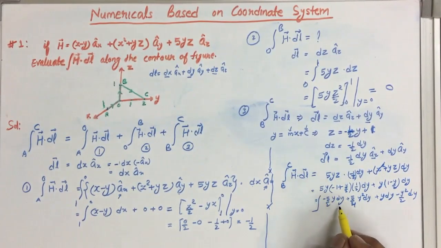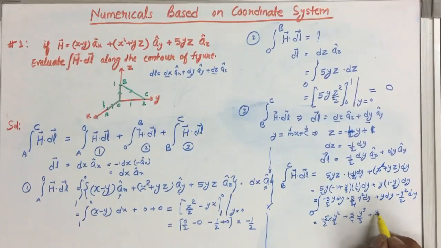Now there is change in y only, so y will change from 0 to 2. Do it: minus 5 by 2 y square by 2 plus 5 by 4 y cube by 3 plus y square by 2 minus y cube by 6, changes from 0 to 2.